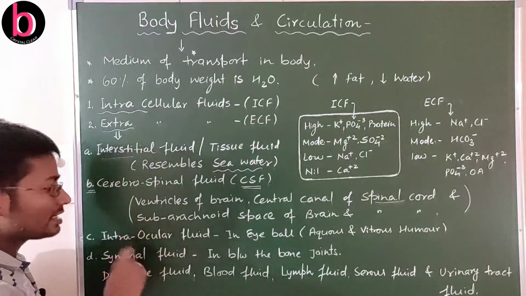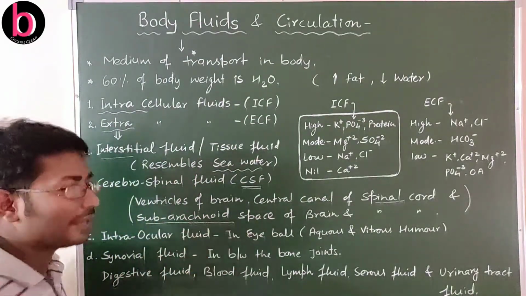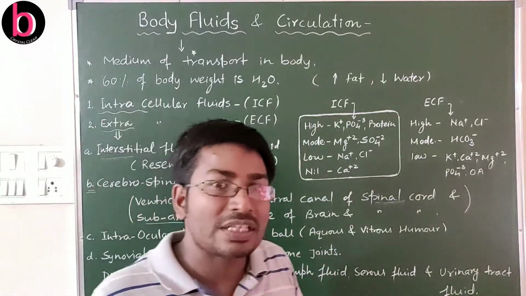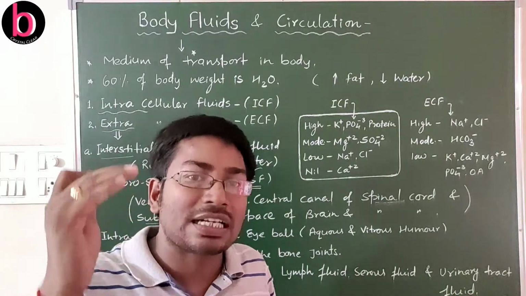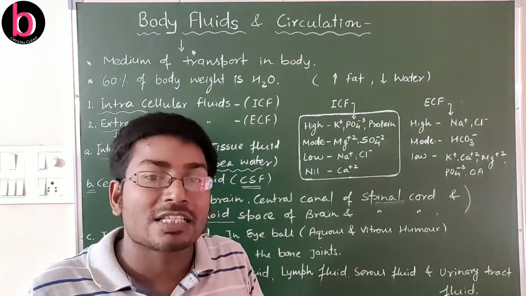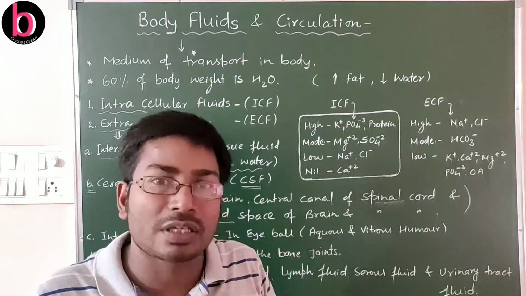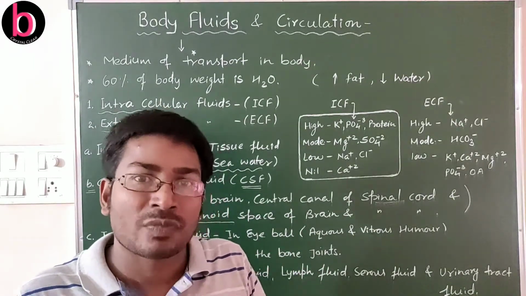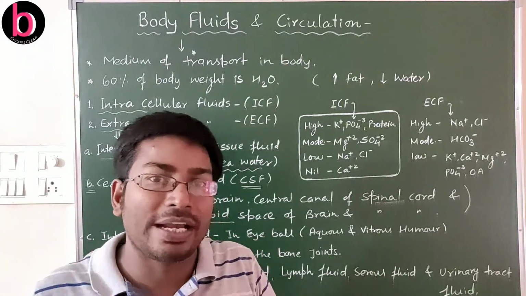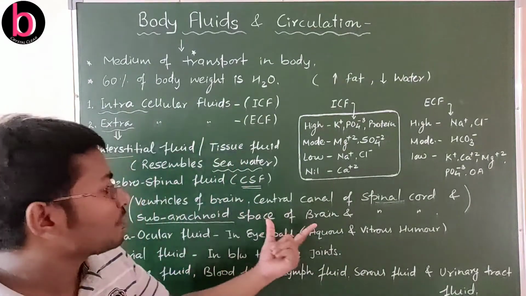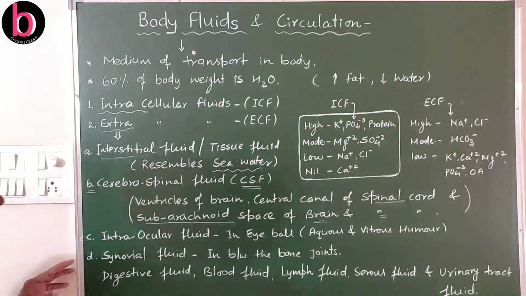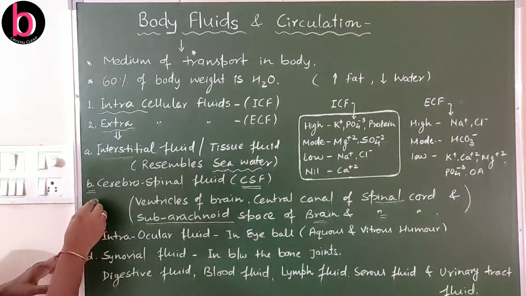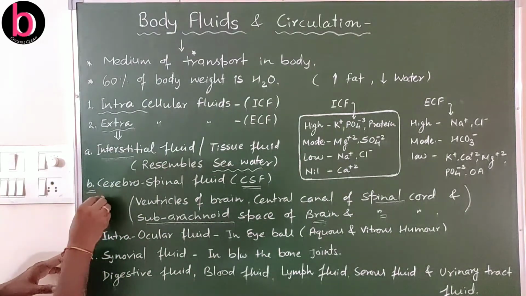And the third site is the subarachnoid space. This is the space present in between the meninges. What are meninges? This is the tri-layered protective covering present in the central nervous system. The central nervous system has two components, brain and spinal cord, and meninges are present in both. There are three layers: dura mater, then arachnoid, then pia mater.